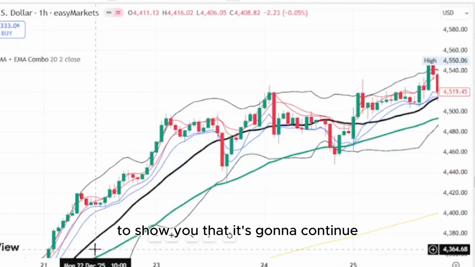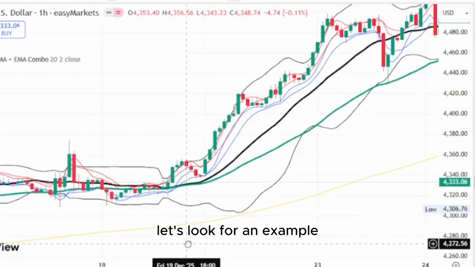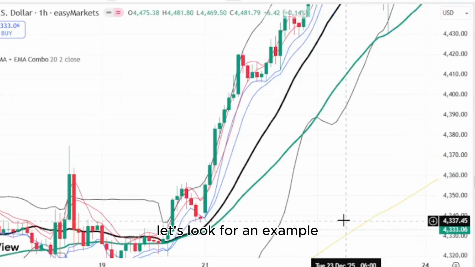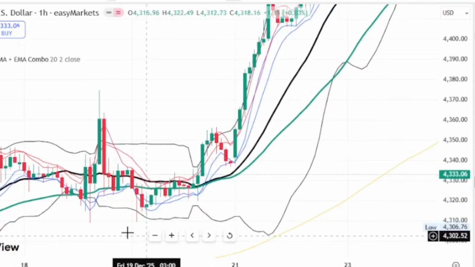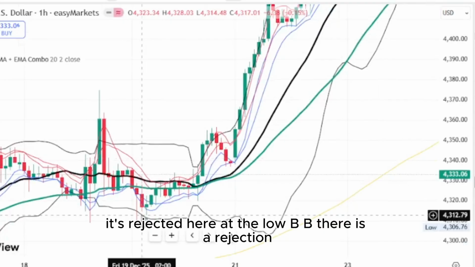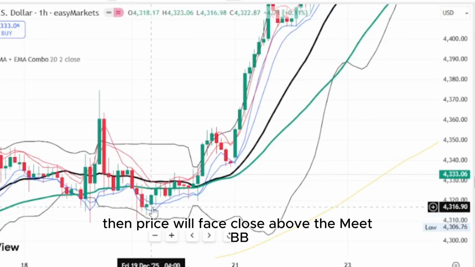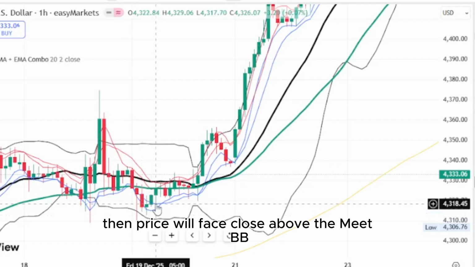Let's look for an example. Okay, see here, it rejected here at the low BB. There's a rejection, then price will first close above the mid BB. This is the first thing it will do.